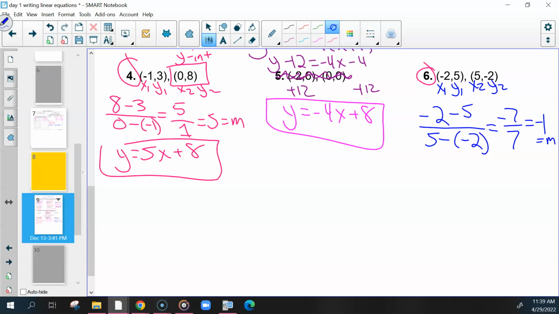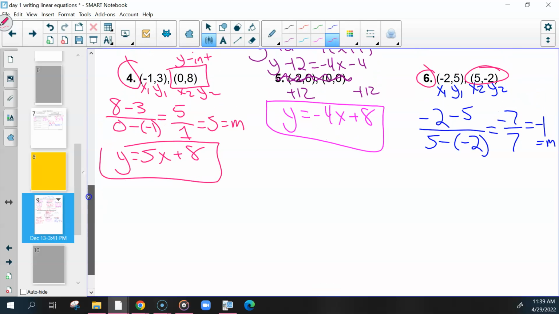Of the 2 points we have, which one do we want to use? First or the second one? Sorry. You say it doesn't matter. Nobody said anything. Okay, so for the second one, we're going to use y minus negative 2 equals negative 1 times x minus 5.